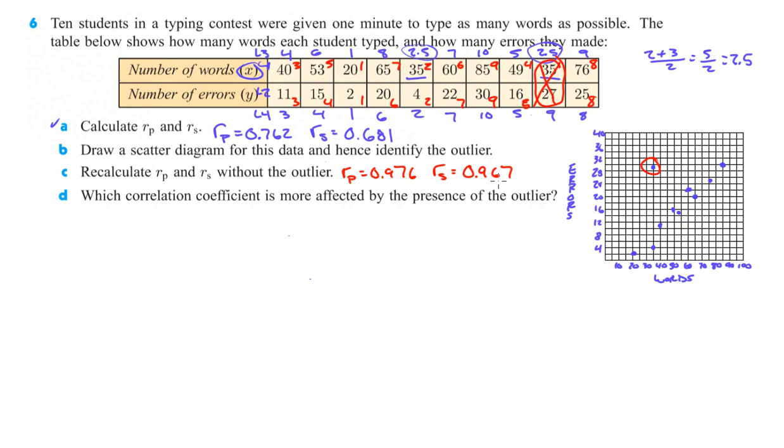So 96 minus 68 is going to be, what, like 28 instead of 18. So the Spearman's seems to have had a bigger impact. So the Spearman's correlation coefficient is more affected by the presence of the outlier. So the RS. Okay. All right.